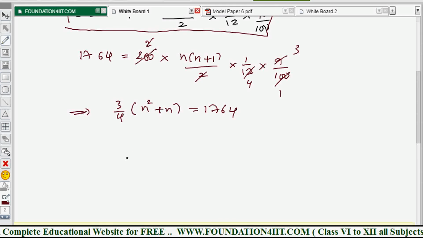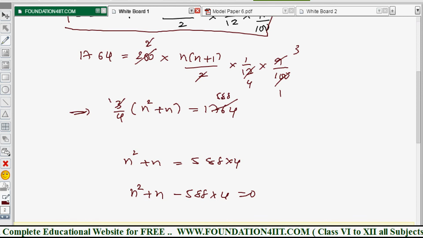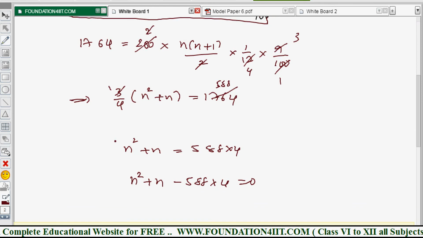And if we simplify this, n square plus n is equal to 588 into 4, just by cancelling. Then n square plus n minus 588 into 4 is equal to 0. Because 3 ones are 3, 588, 3 table. That's why 588 into 4.